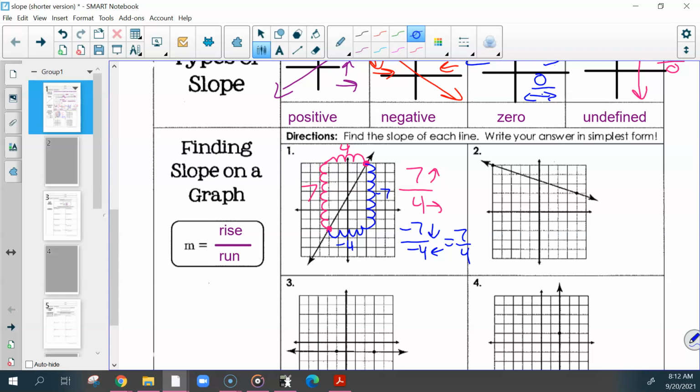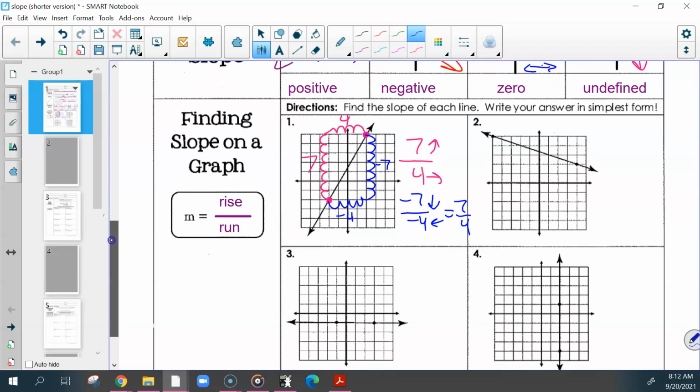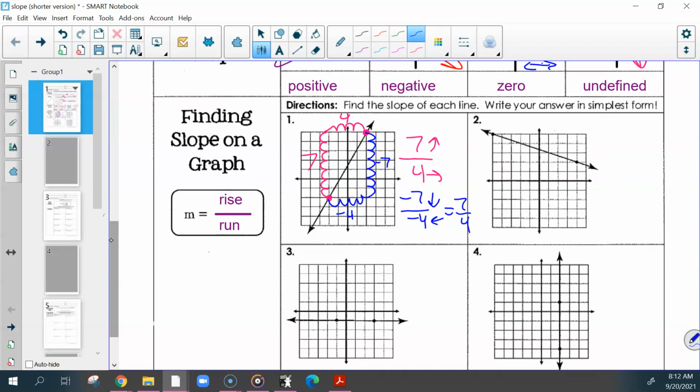Do you have any questions on that? Do the same thing for number 2.